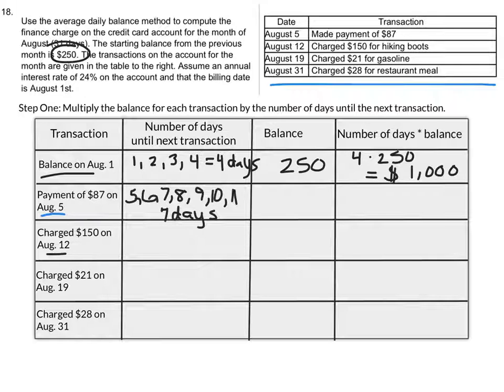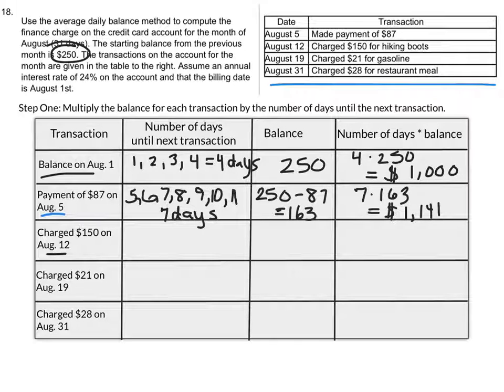Now I'll look at the balance. I had a balance of $250, but for this transaction, I made a payment of $87. That means I'll subtract $87. 250 minus 87 is 163. So my new balance is 163. Next, we'll just multiply 7 times 163, and we get an amount of $1,141.